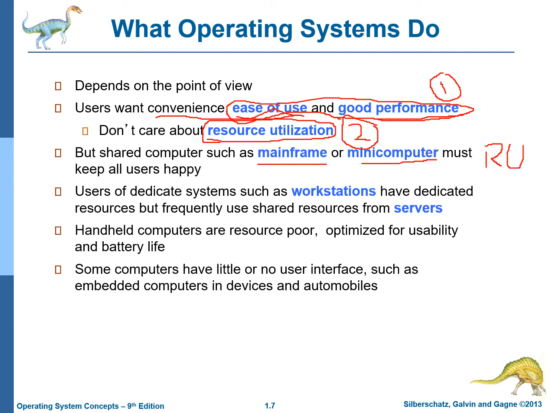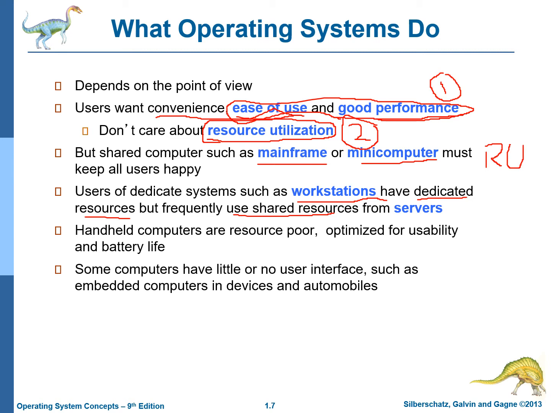Okay. Then there is a third type of computer which is called dedicated systems, such as workstations. So these workstations have a few dedicated resources, and also they use some shared resources. So it is something between these two. If you take a normal PC or a normal desktop which is running some operating system, it has its own dedicated resources.